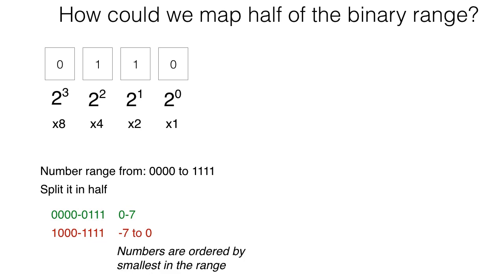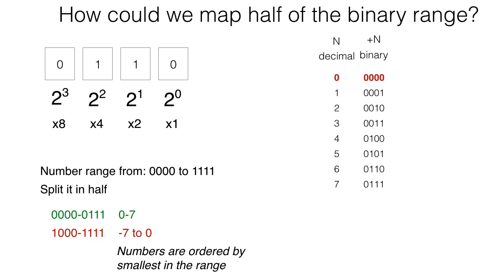So my numbers are ordered by smallest in the range. Did you see that? All right, let's lay this out. This doesn't look any different than what we just talked about. So we went from a decimal 0 to 7, and then we put in the 4-bit binary for what each one of those are.